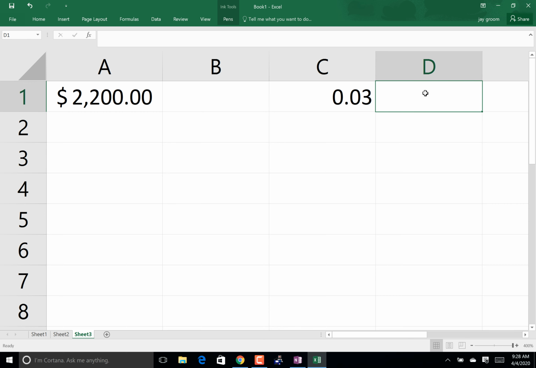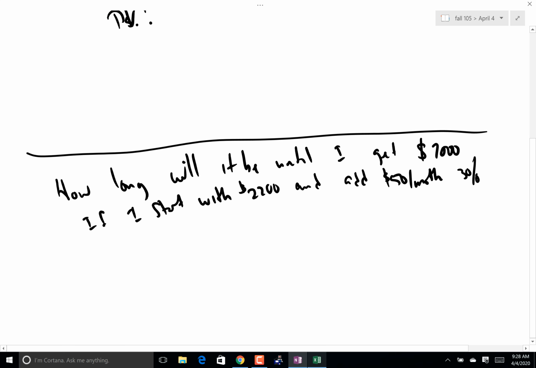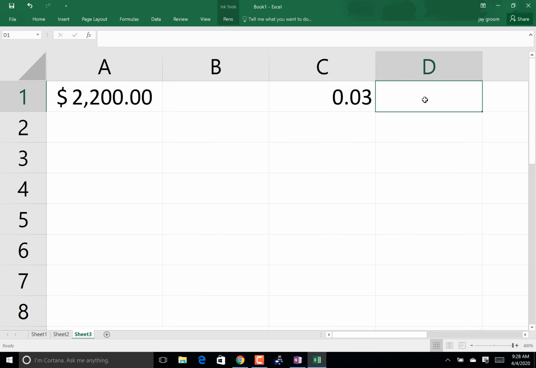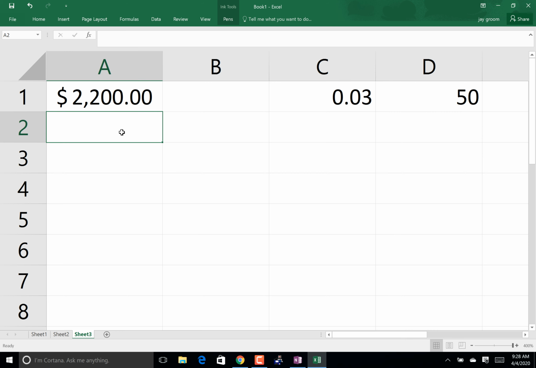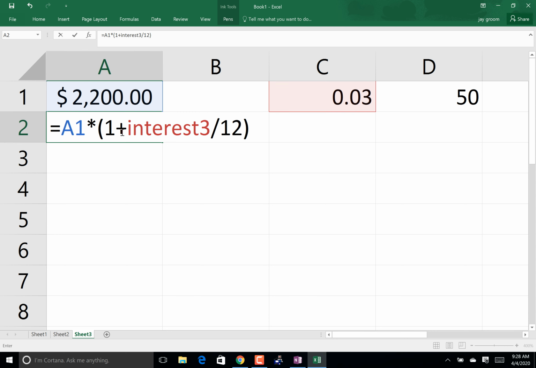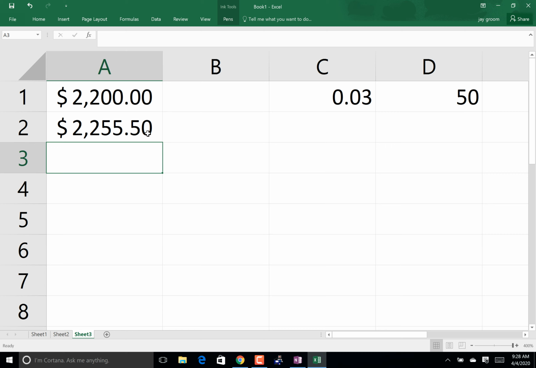And how much? 50, I said, didn't I? Yep. 50 a month. Now here's the deal. It says how much or how long will it take? Well, here's the deal. You could use a formula, but that's way too much work. I would prefer just to type this baby in. And then, oh shoot. And then drag it down.